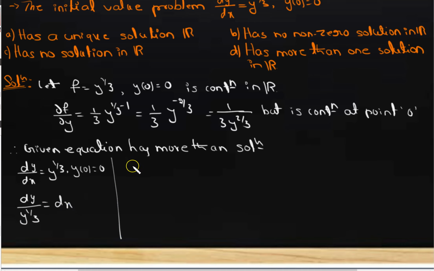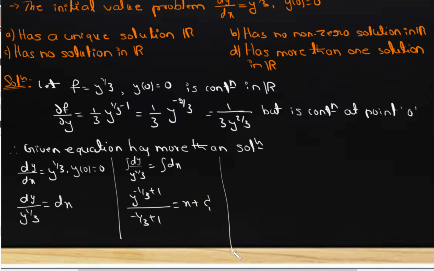Now integrating on both sides, we get the integral of dy by y to the power 1 by 3 on the LHS, and the integral of dx on the RHS. Now after integrating, y to the power 1 by 3 plus 1 divided by minus 1 by 3 plus 1 is equal to x plus some arbitrary constant c.